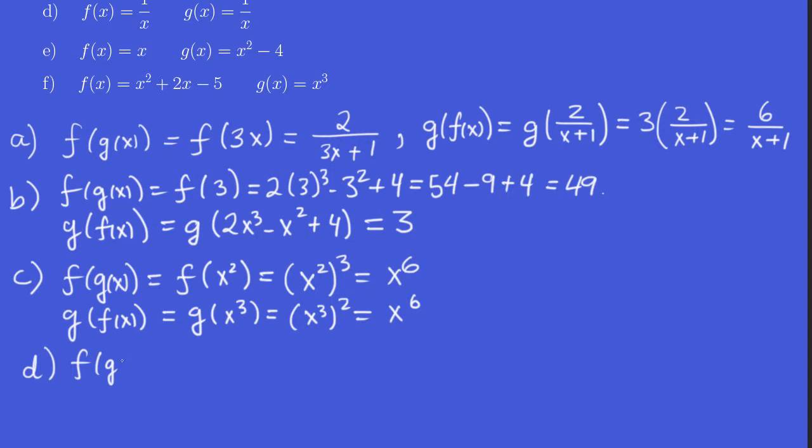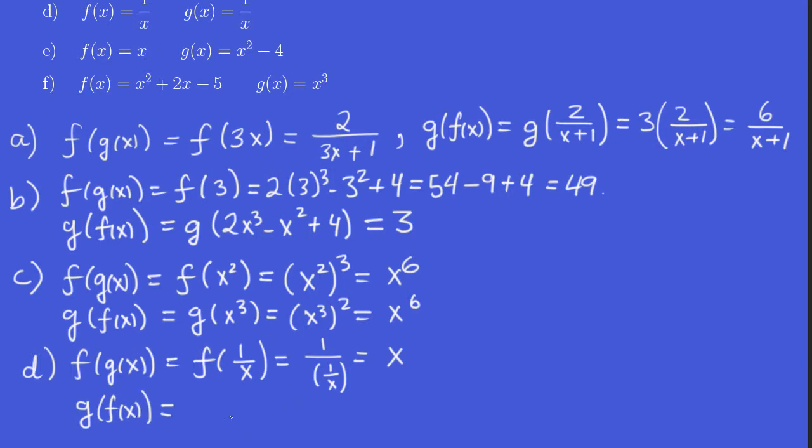We'll start off with f composed with g. So in this case, g is 1 over x. So make that replacement. Now f of anything is 1 over that thing. So this is like 1 over 1 over x. And 1 over 1 over x is just x. And the other one, well, f of x and g of x are the same here.